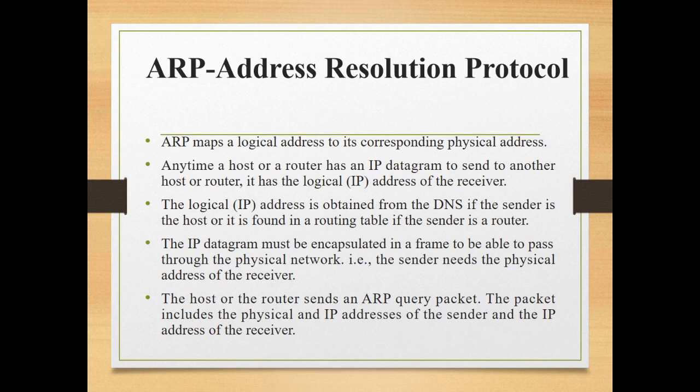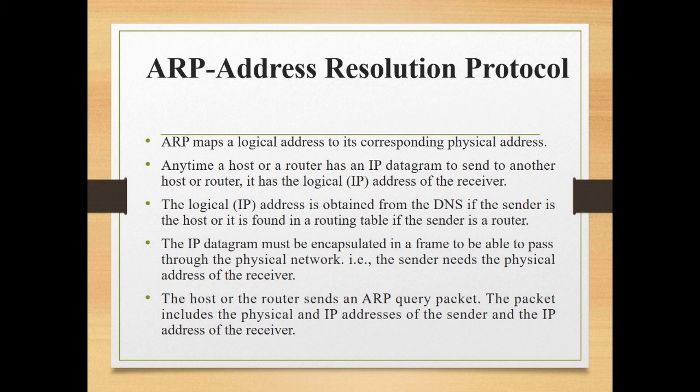Now let's see what is ARP, Address Resolution Protocol. ARP maps a logical address to its corresponding physical address. That means if the sender knows the logical address of the destination and it doesn't know the physical address of the destination, then the ARP will help to resolve it.